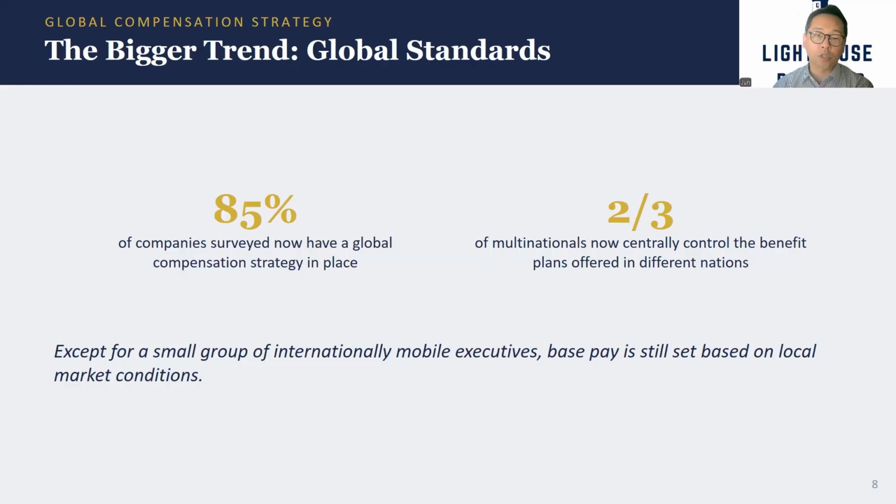However, it is important to note a limit to this trend. Except for a relatively small group of internationally mobile executives, base pay in most firms is still set according to local market conditions, not one single global number. This makes sense, since the cost of living and market wage levels vary enormously from country to country.